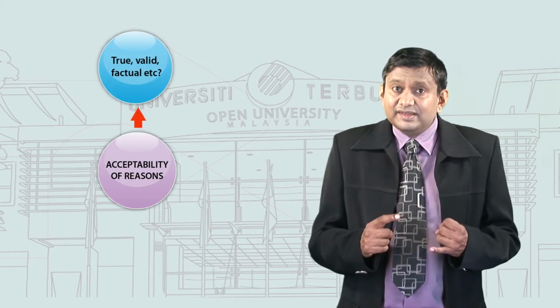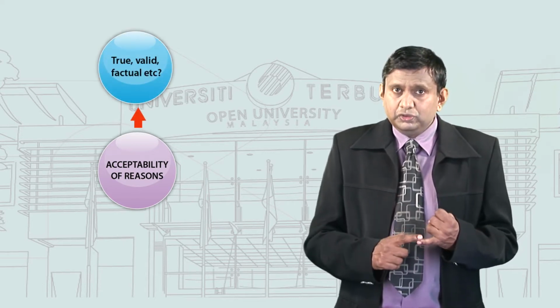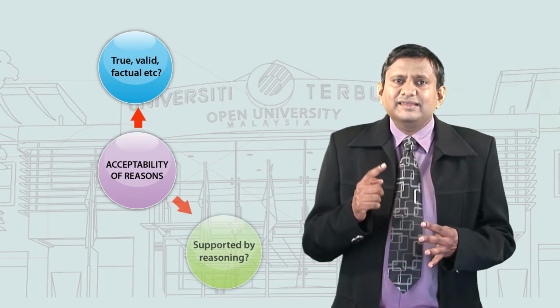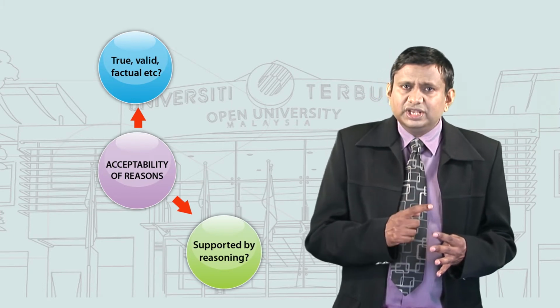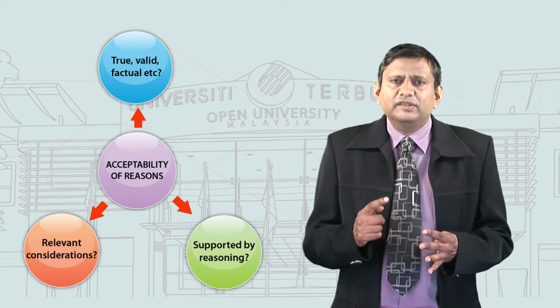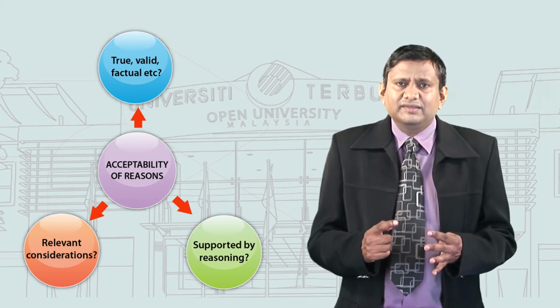Next, we will discuss the acceptability of reasons. Generally, when we are faced with a situation and we need to evaluate it systematically, we need to ask the following questions. Are the reasons acceptable, true, valid, factual, etc.? Does the reasoning support its conclusion or conclusions? Are there other relevant considerations or arguments?